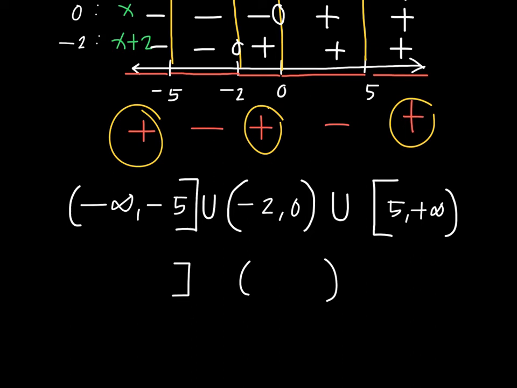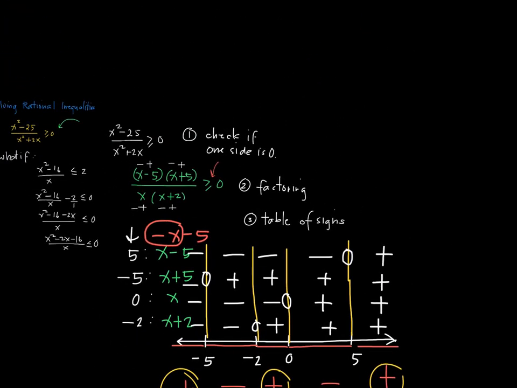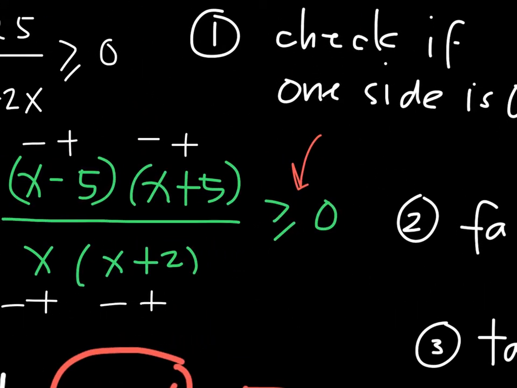Now in this example, I particularly selected one with greater than or equal to 0 because I want to emphasize that idea of including or excluding the numbers in the endpoints.